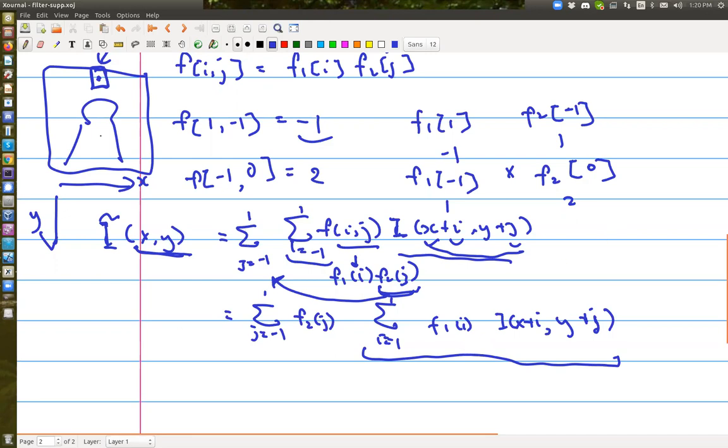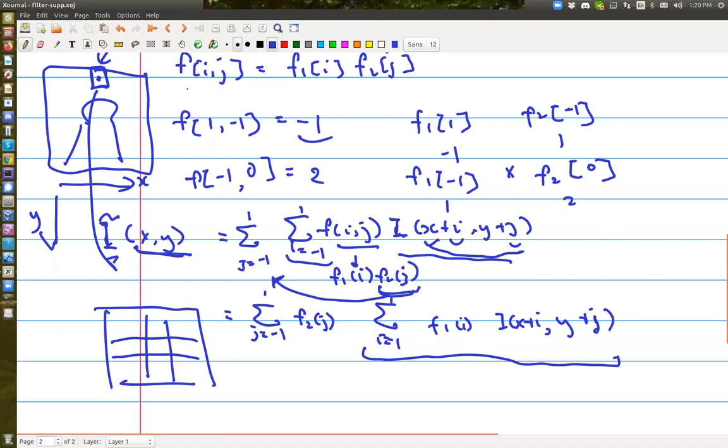Okay, so let's go back to this patch. I'm zooming in on this patch here, the entire patch like that. Now it's basically like a dot product of this filter, Fij, which is the same as first doing a 1D dot product along the horizontal direction.